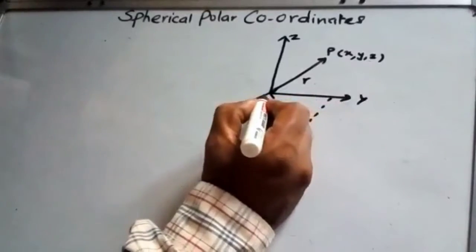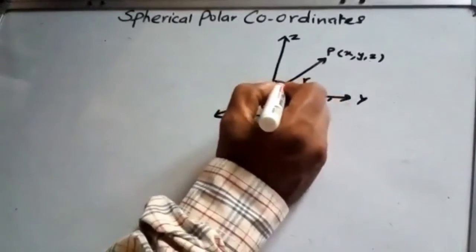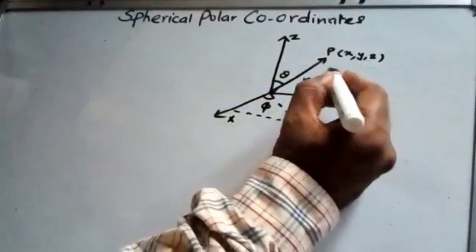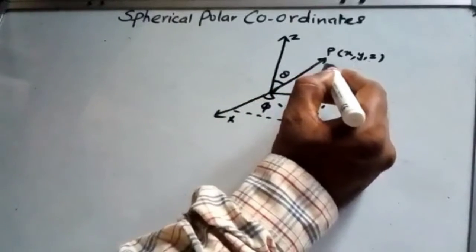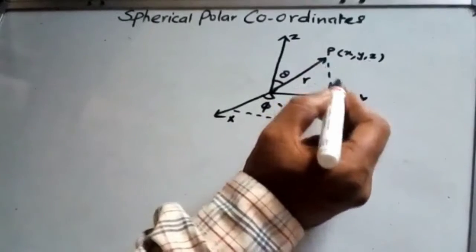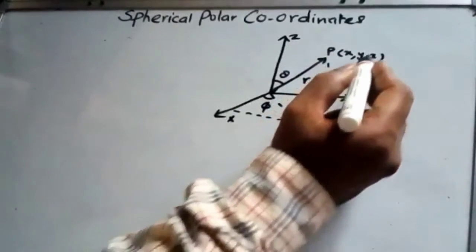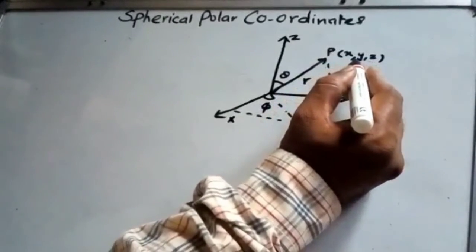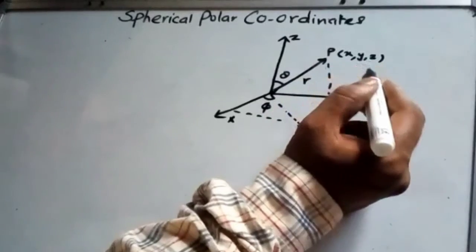So this is the azimuthal angle phi, this is the angle theta. The position of the vector is represented by P of x comma y comma z.